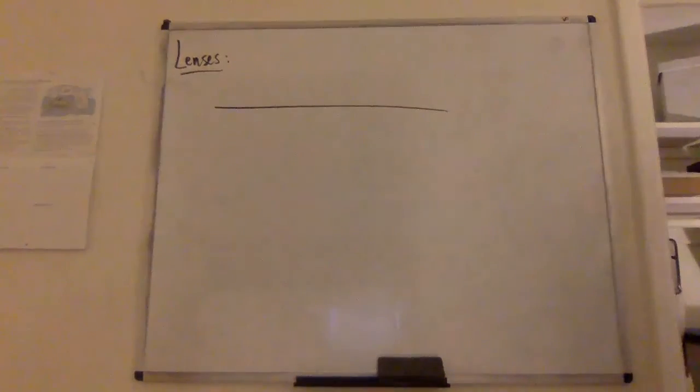So how do we determine whether it is diverging or converging? And the answer is it depends. And we can use the thin lens, the lens maker equation. So that's what we're trying to do.